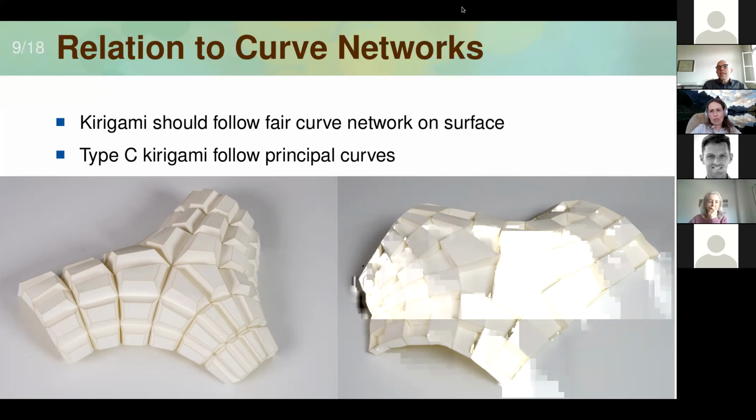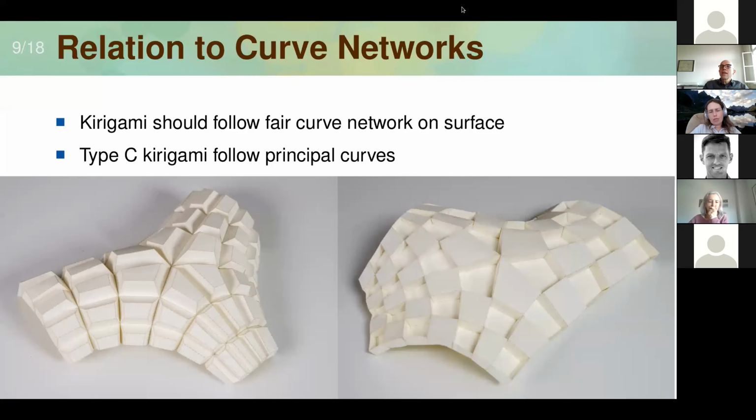Here we can see that the side faces of boxes that are kind of orthogonal to the base mesh form, along the edges of the base mesh, an unbroken sequence of flat quadrilaterals that are kind of orthogonal to the base mesh. And this is a discrete developable surface that is orthogonal to the base mesh.